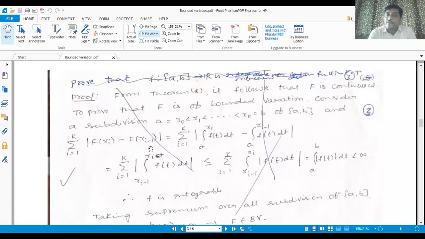Capital F of xi minus 1, again, we can represent as the integral from a to xi minus 1 of f of t dt.